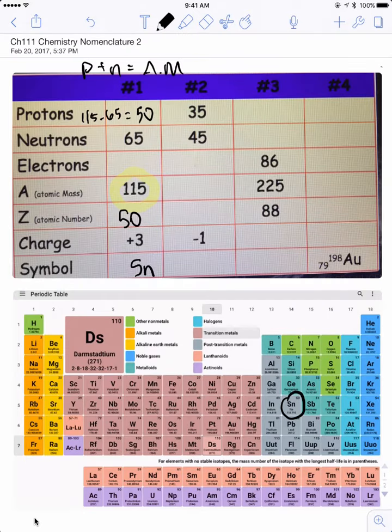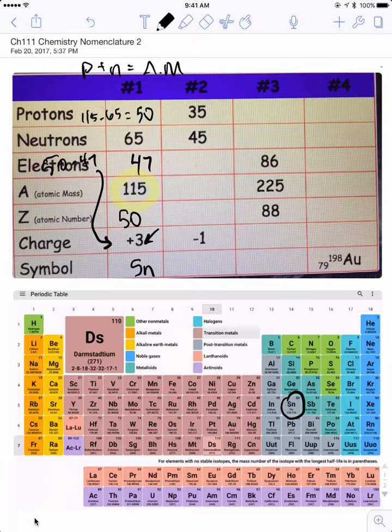Now this number right here tells you the proton to electron imbalance. The fact that it's a +3 tells you that you have more protons than electrons. So that makes the number of electrons 47, because 50 minus 47 equals +3.